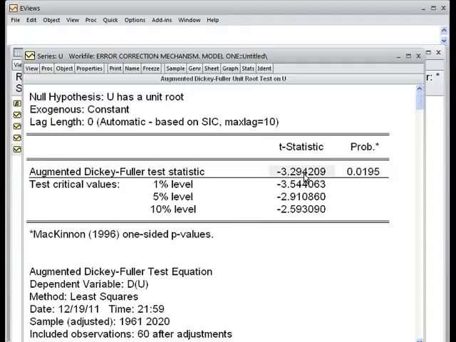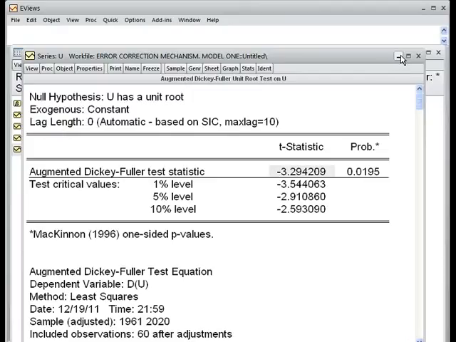So we can reject the null hypothesis and we take the alternative hypothesis. What is the alternative? U does not have a unit root, meaning that U is stationary. That means our residual is stationary. It means that the model that we have just estimated is not spurious.